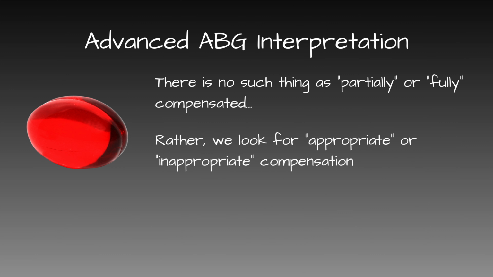Rather, in advanced ABG analysis, we look to see if there is appropriate or inappropriate compensation. My mind was blown when I first learned this. I'm not saying that nurses are wrong per se, but I just wanted all of you to know that ABG interpretation is far more complex than you may have realized, and don't be surprised if a physician is explaining something to you that seems a little different than what you were taught.